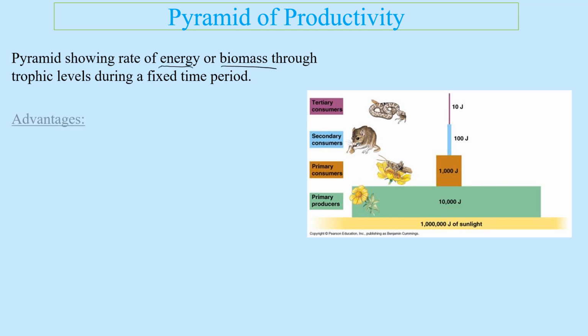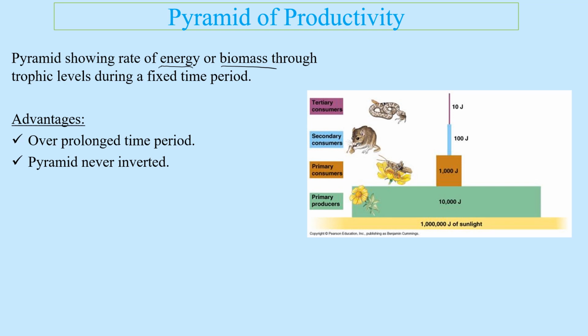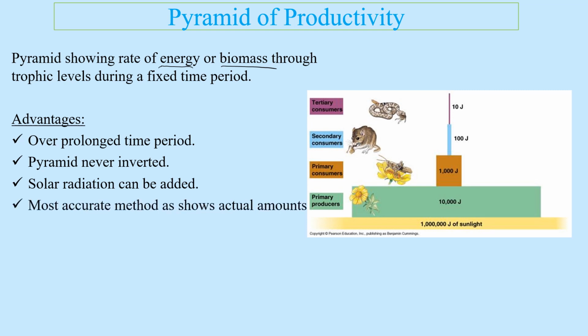The advantages of this are that it shows change over a prolonged period of time, not one snapshot. It shows the pyramid always in the way you're expecting, following the rule of decreased energy transfer. You can add solar radiation on top of it to show how much energy is actually coming into the system. And it's the most accurate measurement of showing actual amounts of energy.